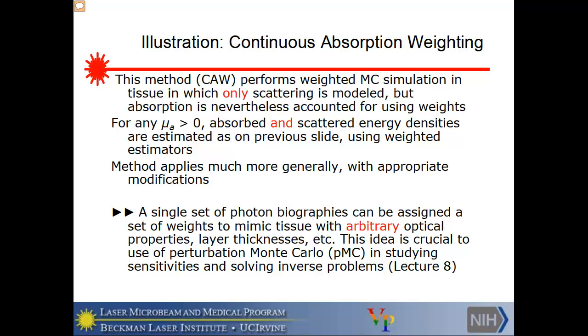We only model scattering, and absorption is accounted for using weights. The estimates are made as I showed you just now. So I was describing CAW in the previous slide. And this same method applies with very wide possibilities.